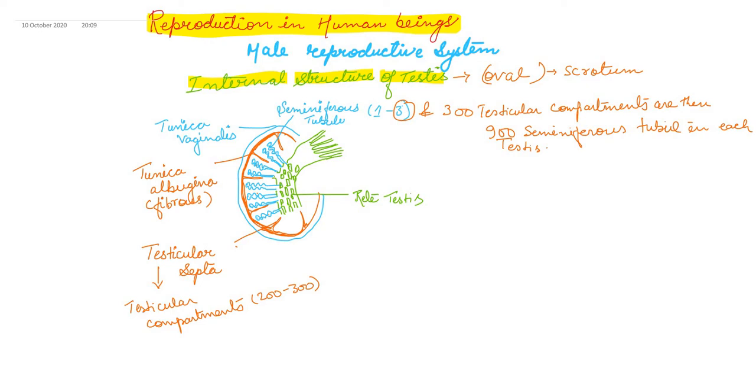This small tube-like structure is known as vasa efferentia.